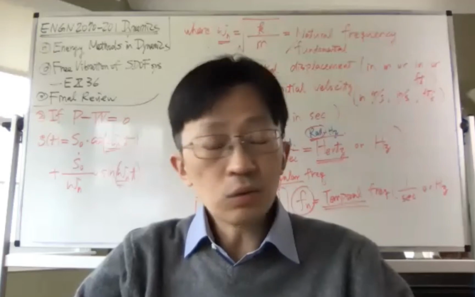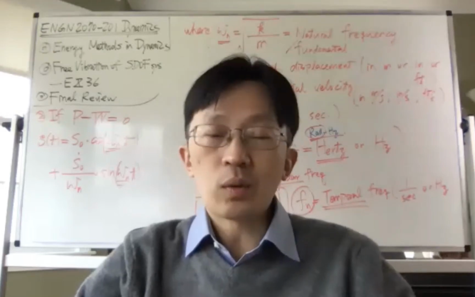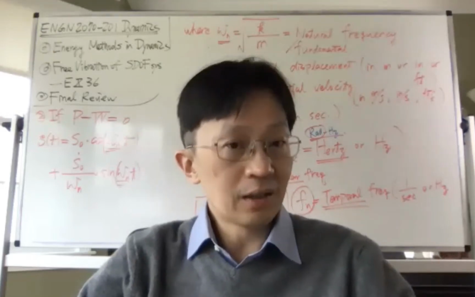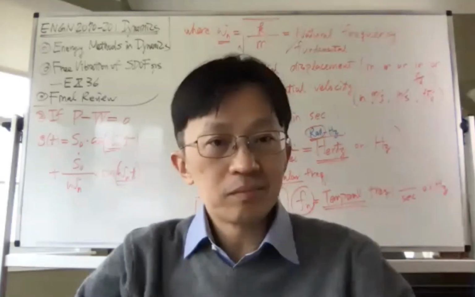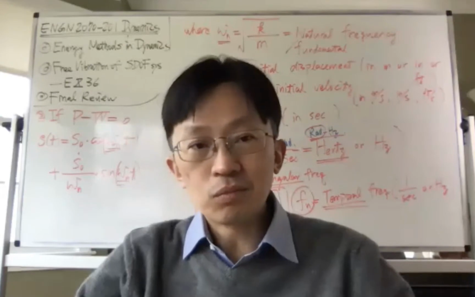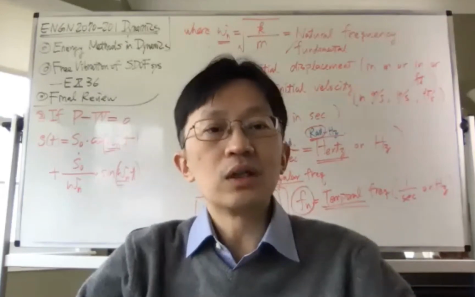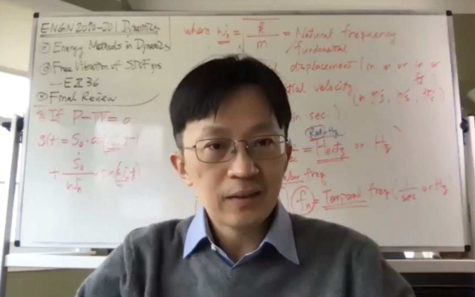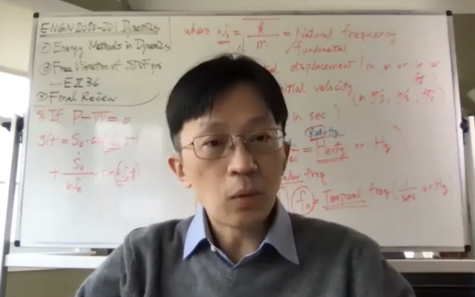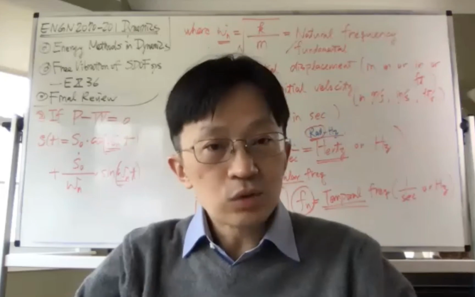Rather, if you don't want to know the time information, you just want to know the change in velocity, then you use the energy principle, which is T1 plus V1 equals T2 plus V2 plus the summation of total work. The energy principle provides you that change information.